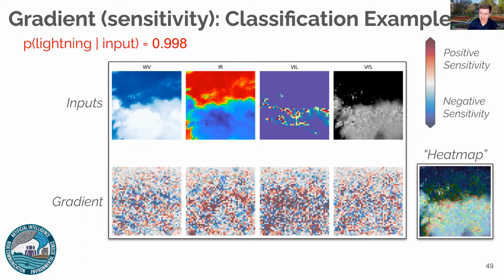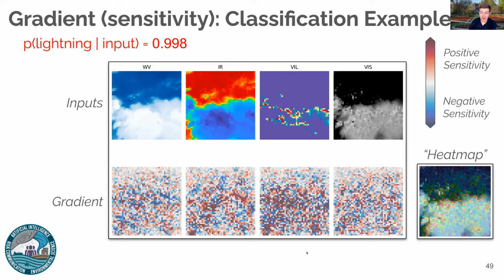You can see the contrast. If you turn up the brightness of your screen, you can see that the VIL channel, the third panel from the right in the bottom row, is a bit more contrast heavy. And these all have the same color scale. So that was trying to tell us that it has the strongest gradients.